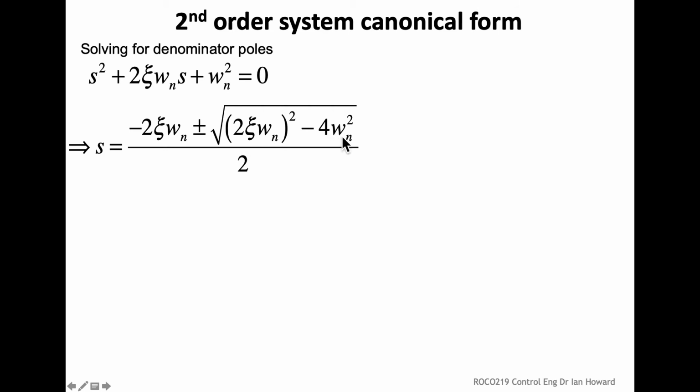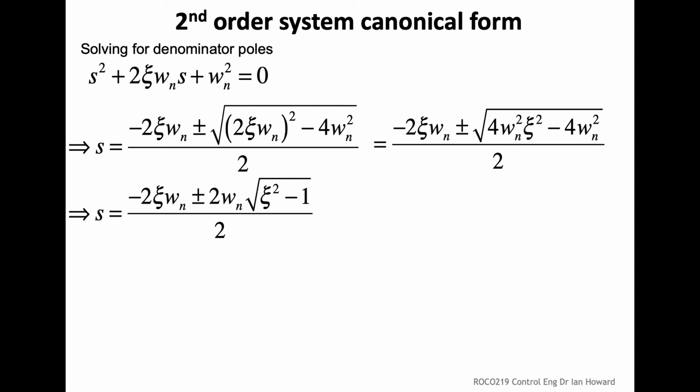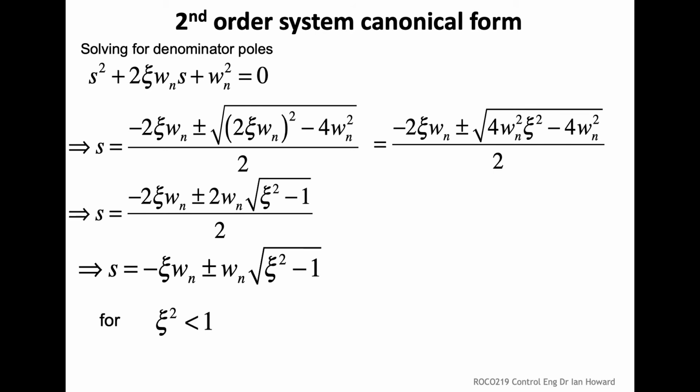So a is 1 times c is omega n squared, divided by 2a, so divided by 2. Then we can just go through multiplying. We multiply it first of all with the squared term there. And then we take out the factor of 2 omega n from the square root term. We divide through by 2, and we end up with a fairly simple expression for s.